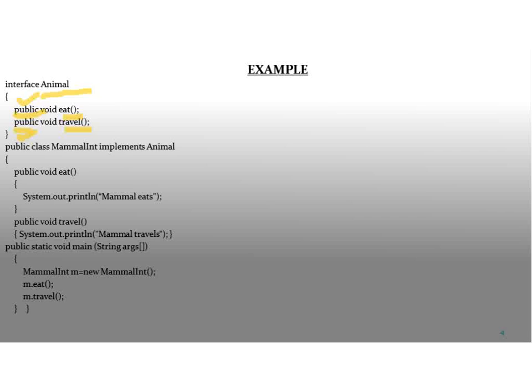Okay? You can see over here, we have used the public keyword. Even if you do not use the public keyword, there will be no error, because by default it will be considered as public. And if you want, you can use the abstract keyword also before public. Abstract public void eat. Abstract public void travel.